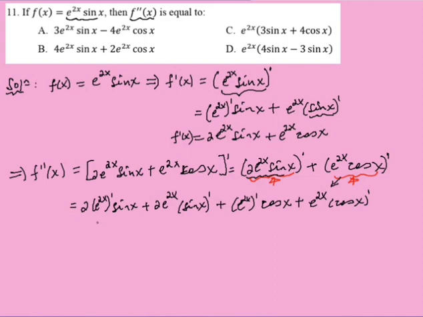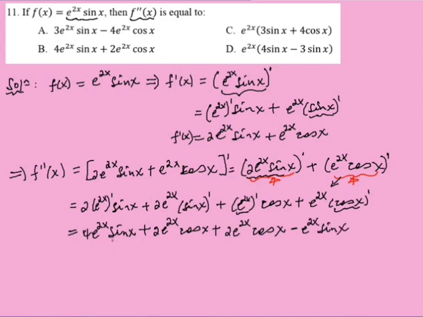So now this becomes 4 times e to the power of 2x times sine x, plus, since the derivative of sine x is cos x, 2 times e to the power of 2x cos x, plus the derivative of e to the power of 2x, which is 2 times e to the power of 2x cos x. Now the derivative of cos x is minus sine x, therefore we will have minus e to the power of 2x times sine x. Now we can collect like terms.